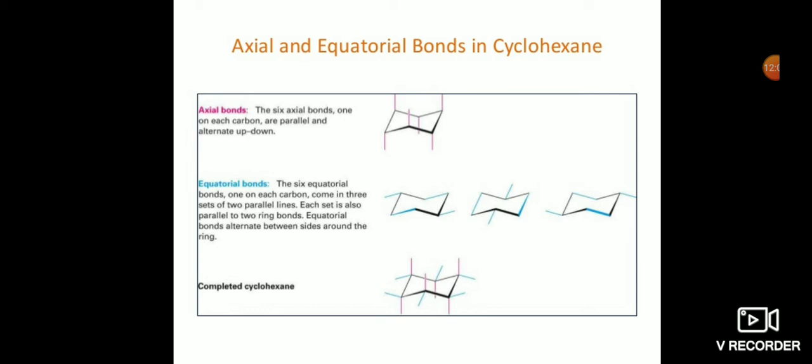Now complete cyclohexane, you can see all pink lines are axial bonds or axial hydrogens bond, and all blue lines are equatorial bonds. So we can see this in the structure. Now we see the next slide.